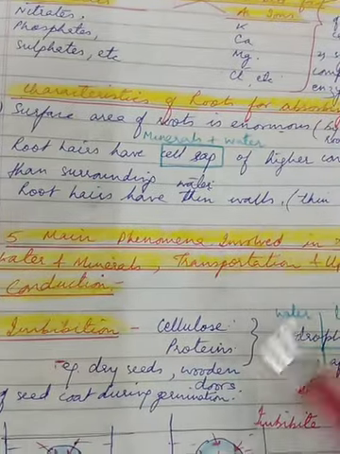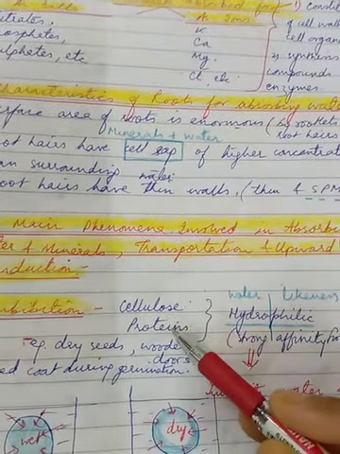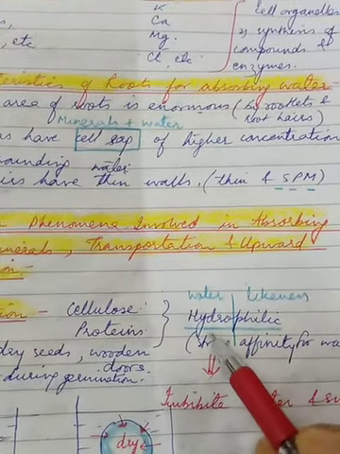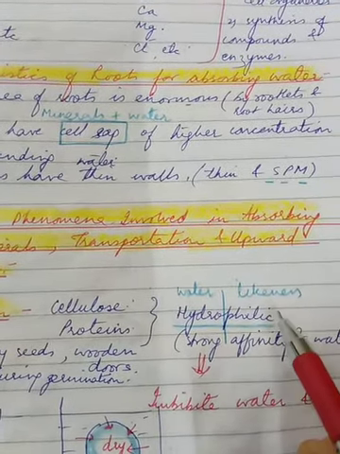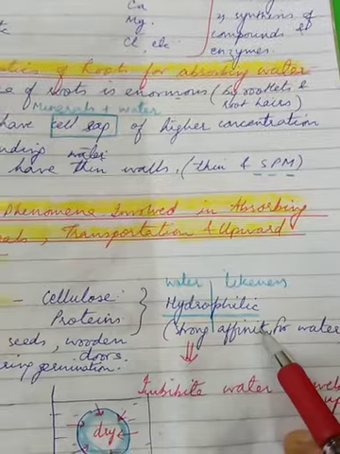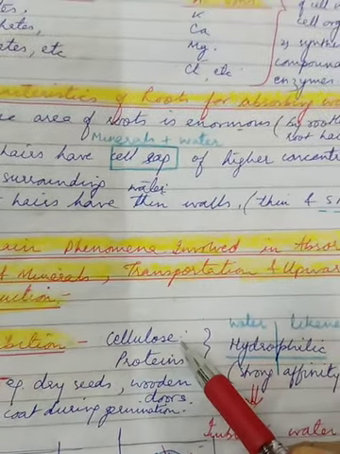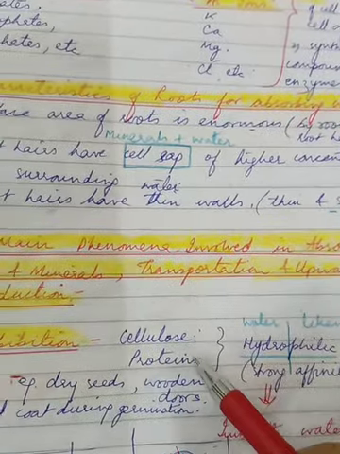Why this happens is because these substances are hydrophilic in nature. Hydro means water and philic means an affinity or likeness for. They will immediately absorb water due to surface attraction, and they will swell up.